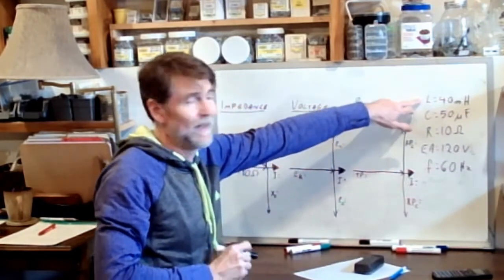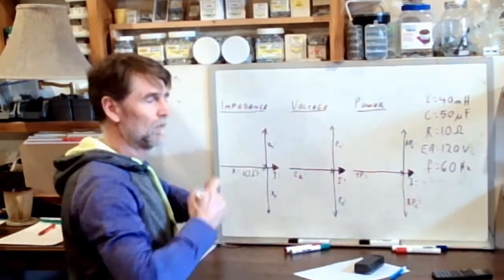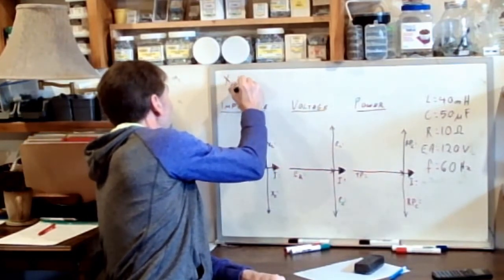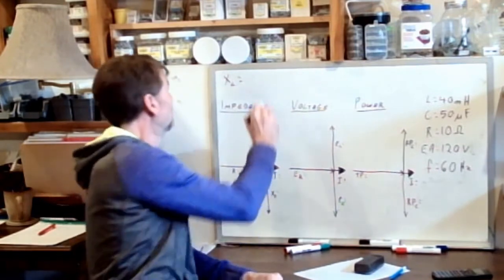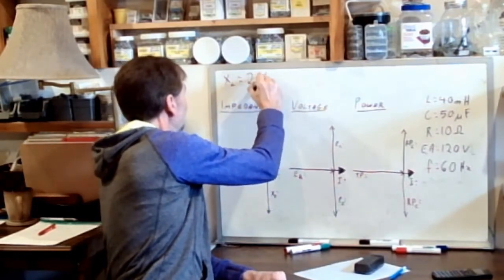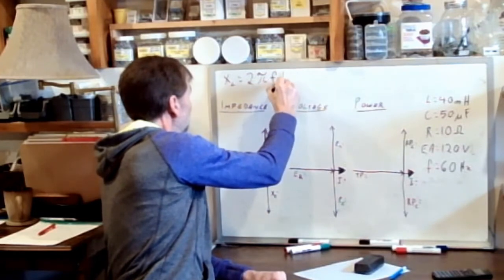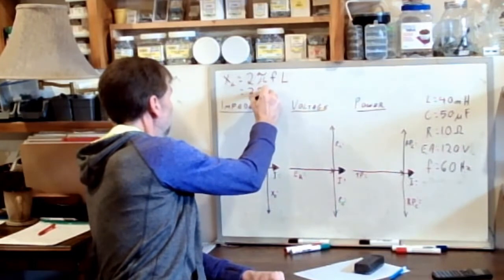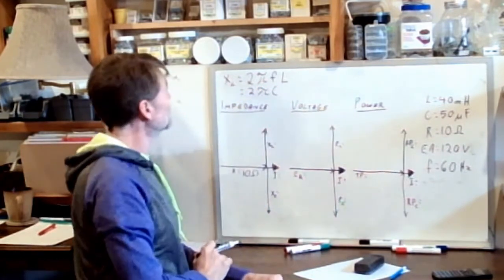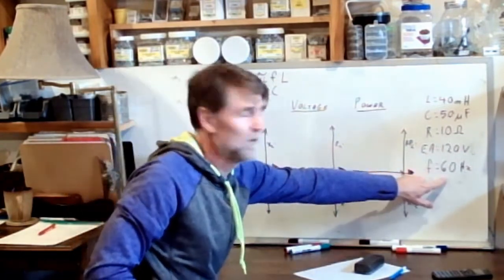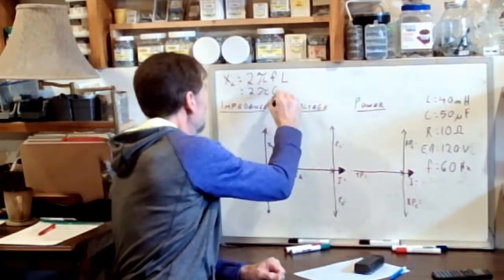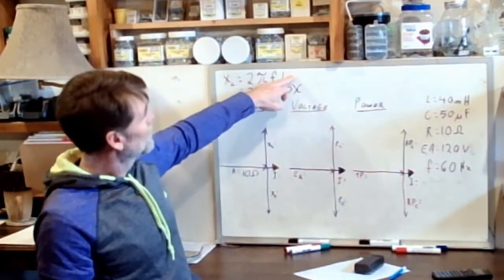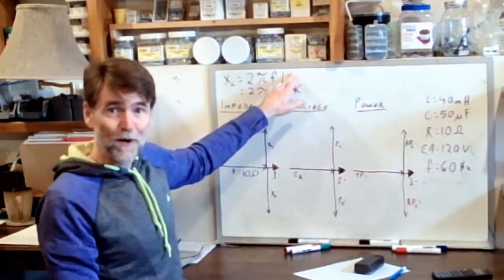So how do I calculate XL from L? Who can remember that equation? XL equals 2 pi FL, which equals 2 pi times, what is our value for F? Our frequency in this circuit is 60 hertz. Multiplied by L, so L must be expressed in henries.